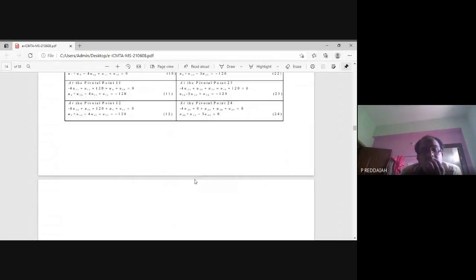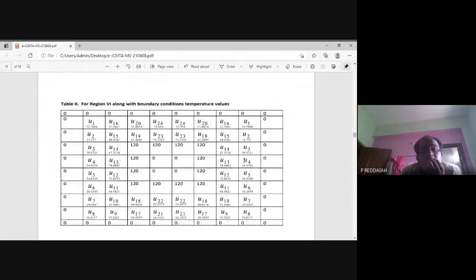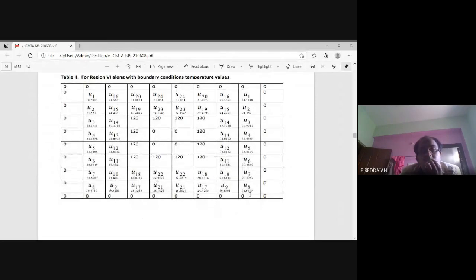Solving these in Mathematica, we get u1 to u24, along with boundary conditions, in table form.